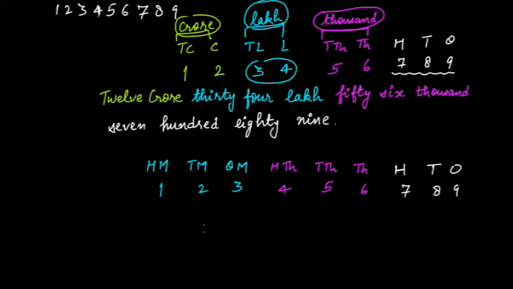Now read this number. How do you read? This grouping was for million. This was for 1000. And this was for hundreds, tens and ones. So what is this number?